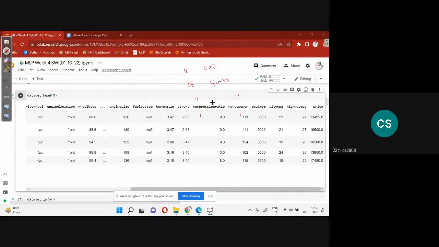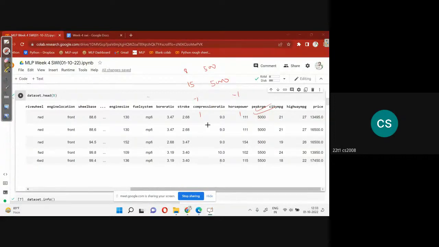Then there are benefits. The first benefit, as I said, is that otherwise it will give high weightage to those columns which have large values. The second is that there are algorithms which perform very poorly on an unscaled data set. If your value range is very high, it will take a very long time to converge, so for that also you need to scale your data set.